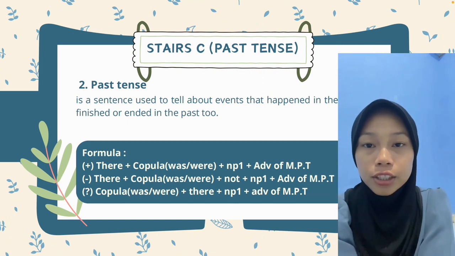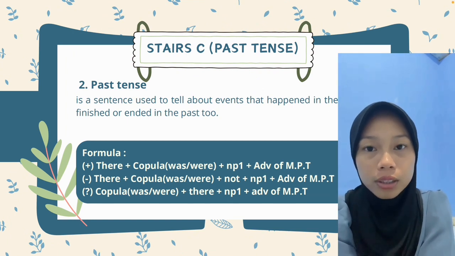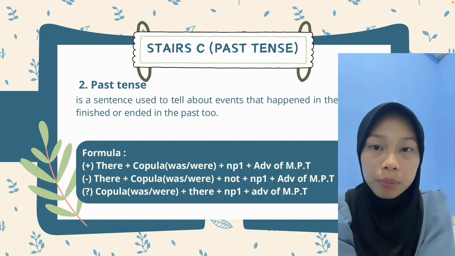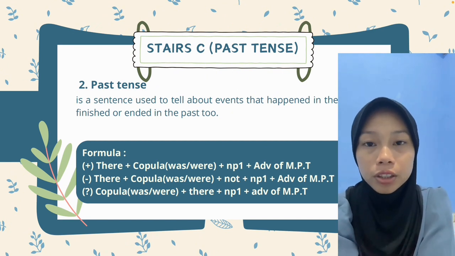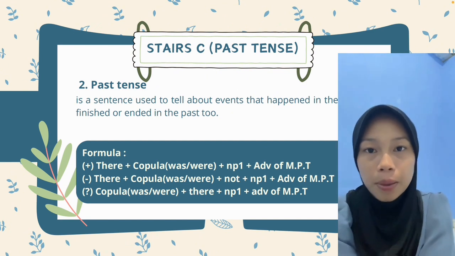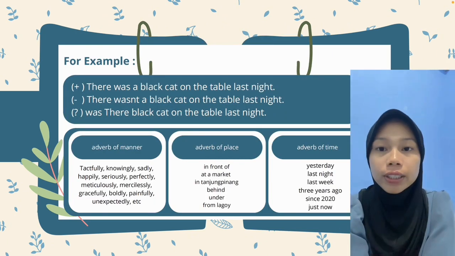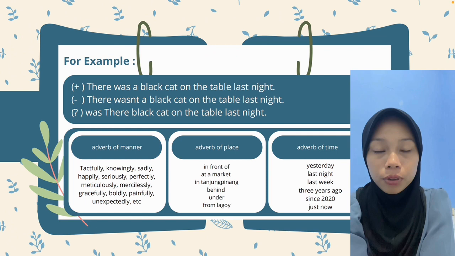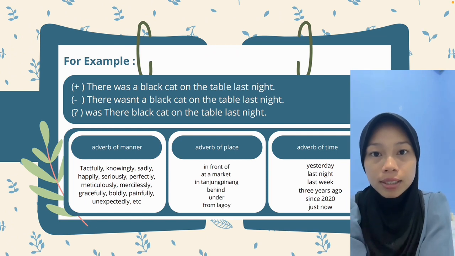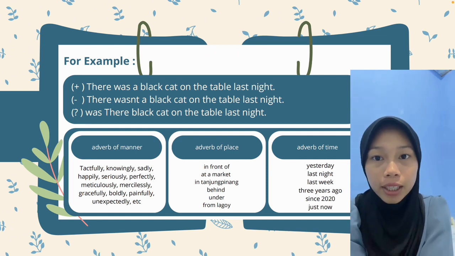And the last is interrogative. The copula first, was or were, plus there, and plus NP1, and the last is adverb of NPT. For example, for a positive sentence, it's there was a black cat on the table.